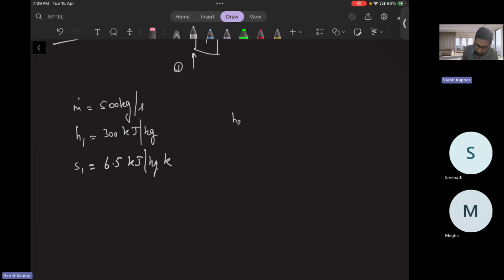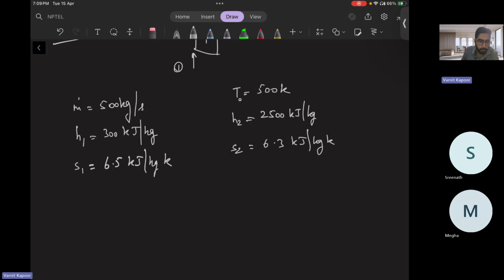Also, state 2 enthalpy is given, that is 2500 kilojoule per kg, and entropy is given as 6.3. Surrounding temperature is given as 500 Kelvin.